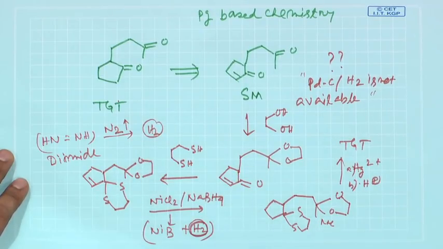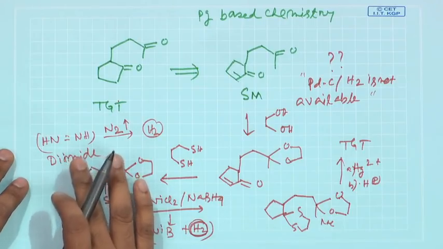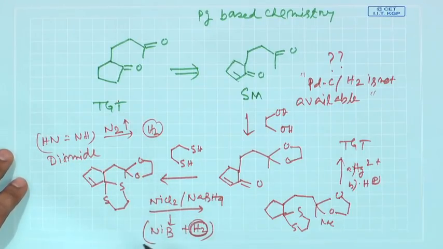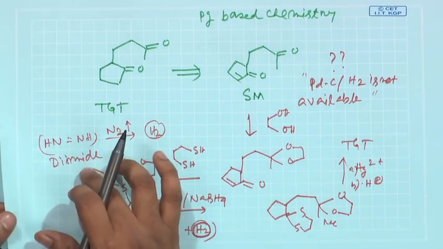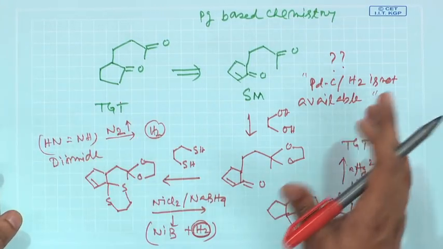Diimide is not commercially available, but you can easily make it in the lab. You take hydrazine hydrate and treat it with some particular reagents, and you can generate diimide. Those are the alternative reagents if you do not have palladium charcoal and hydrogen.